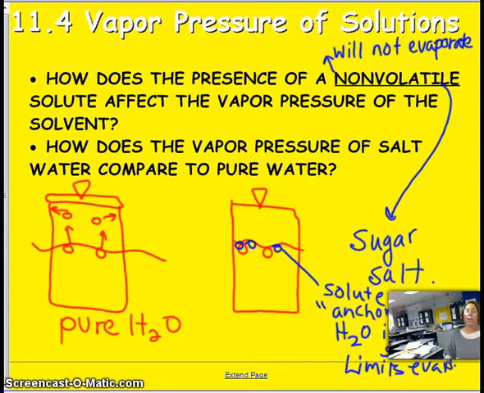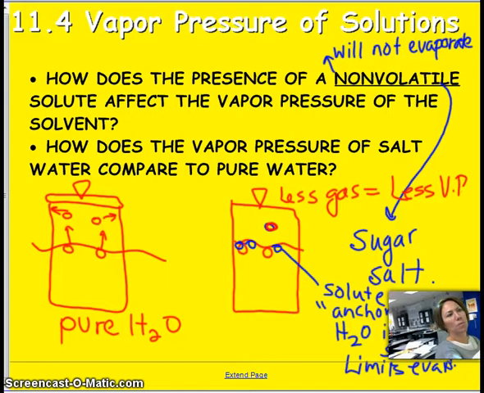If you get less evaporation, you get less gas. And if you get less gas, you get less vapor pressure.